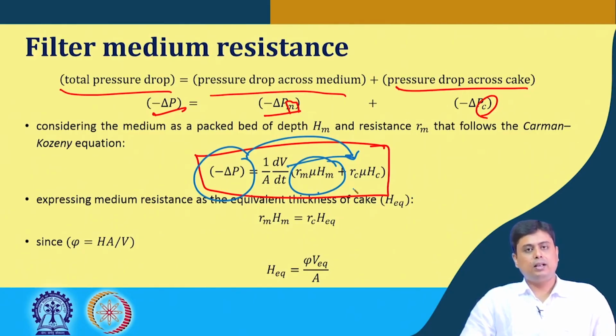Now, expressing this medium resistance, which is typically done, we consider the medium resistance as an equivalent thickness of cake, because we have assumed that the filter media is an equivalent packed bed of a certain height. We further assume that this packed bed is of equivalent cake thickness depositing on the filter media.